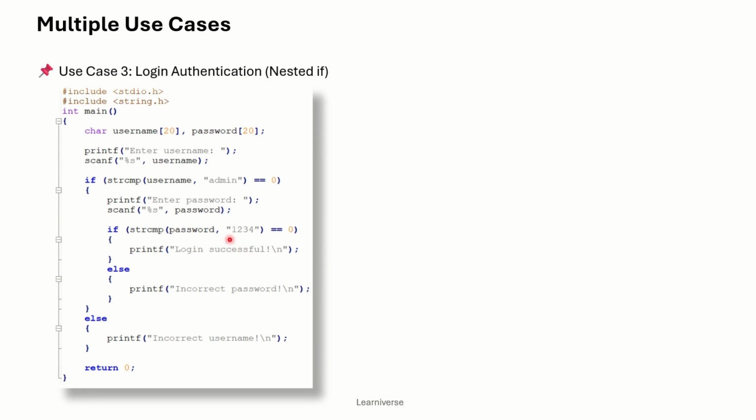Suppose if the password is not matching, then we come to the else part and then we say incorrect password. Suppose at the beginning itself the username is not matching with admin, then we come to the else part and we say incorrect username. So here you can also see inside if we have if else. So this is kind of nested if.